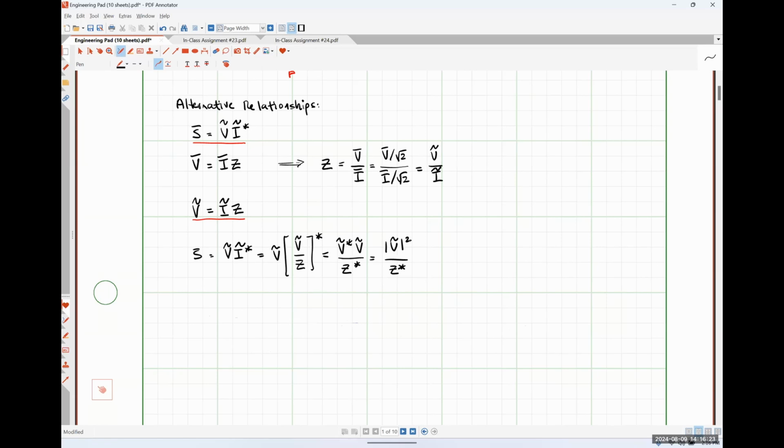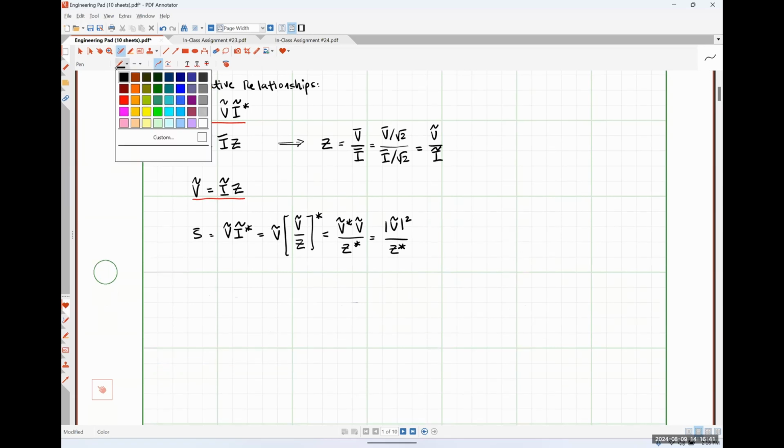Okay. Now, that may seem odd, that that little amount of information is enough to calculate the complex power, but let's think about things in context. This is another quick aside just to let you understand what's going on under the hood here.